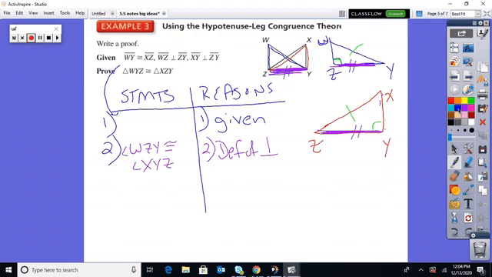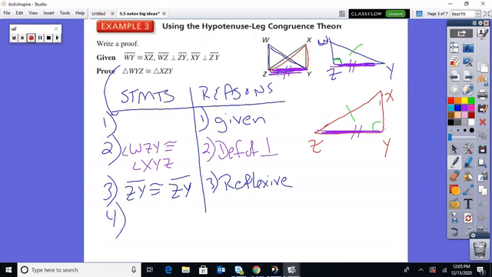Right. And now we can do the reflexive, ZY. And now we have enough.